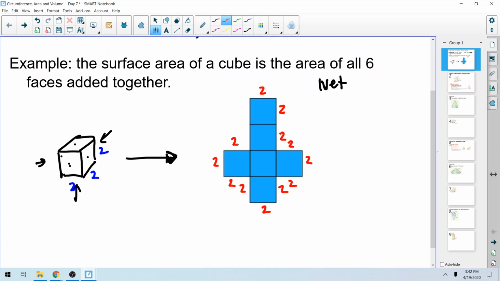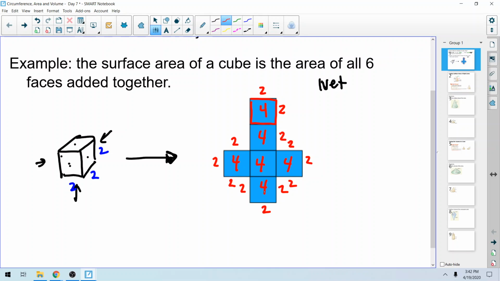So if we take a look at the top square and it's 2 by 2, then this square right here would have an area of 4. Just like the one below it would have an area of 4, the one over here, they would all have an area of 4 because they all have side lengths of 2 by 2.